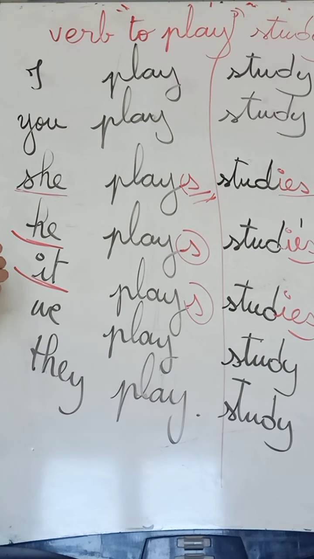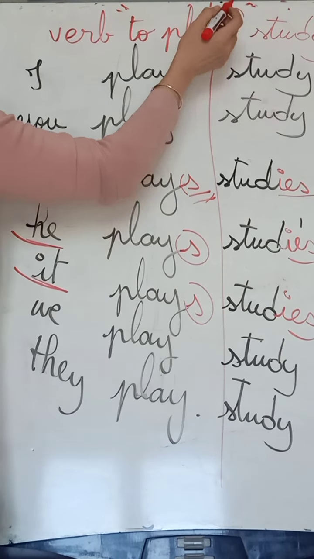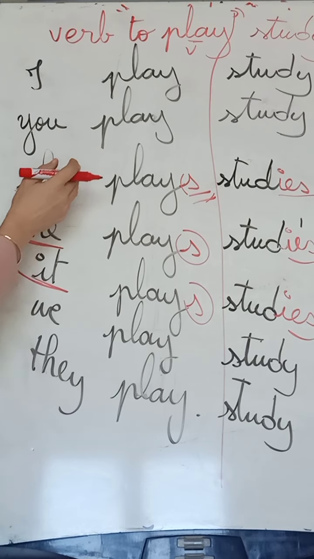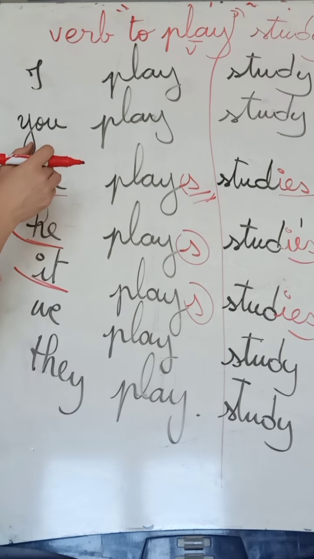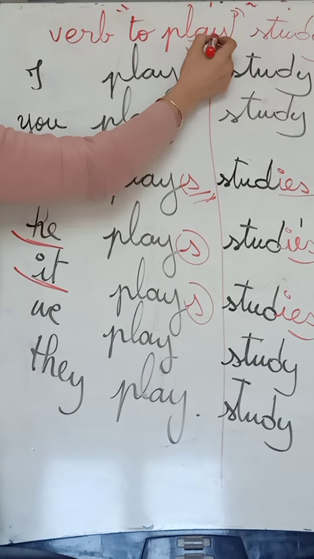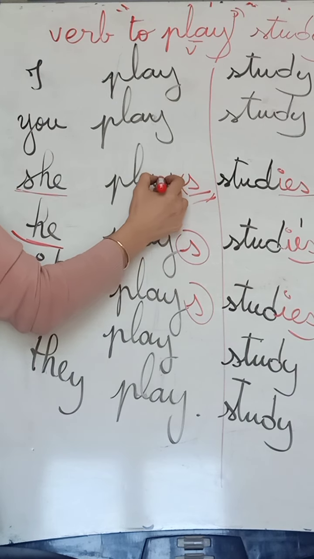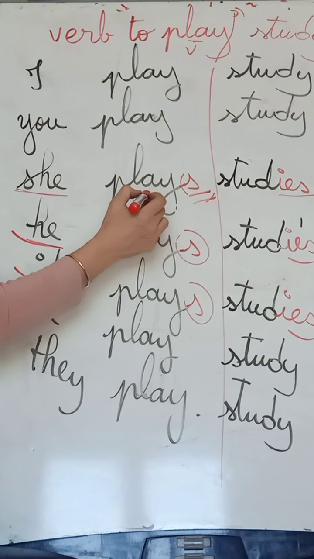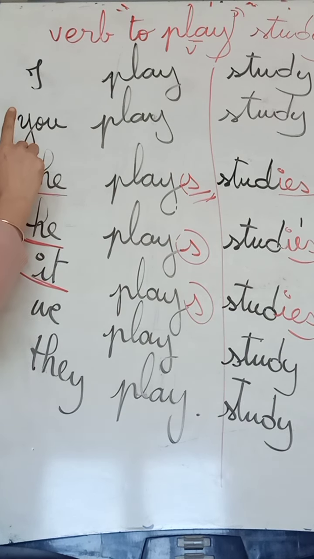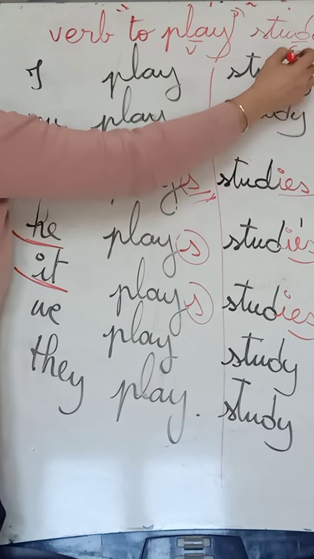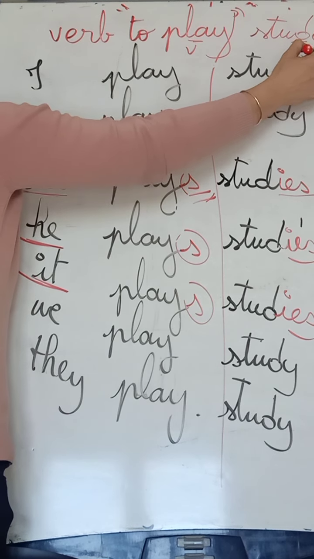Why I write here IES? Because, well, listen to me. When we come back to the verb to play, when we have a vowel, such as voyelle, how many vowels have we got in English? We have got A, E, O, I, and U. When we have a vowel before Y, we keep the Y, ça veut dire on garde le Y, et on ajoute juste le S. But, mais, lakin, when we have a consonant here before Y, I omit the Y. Omit, ça veut dire نحي, أحذف.